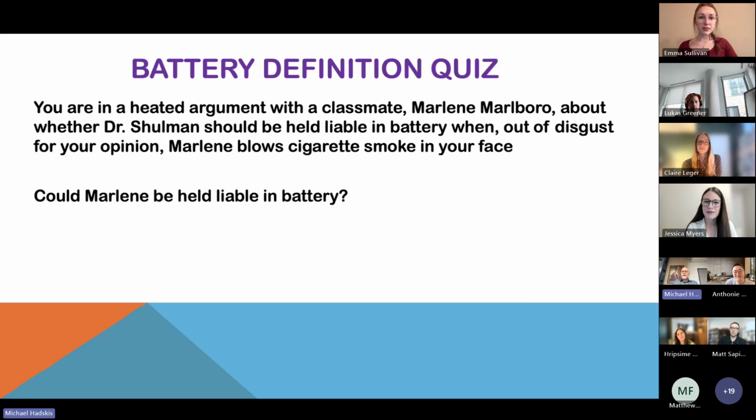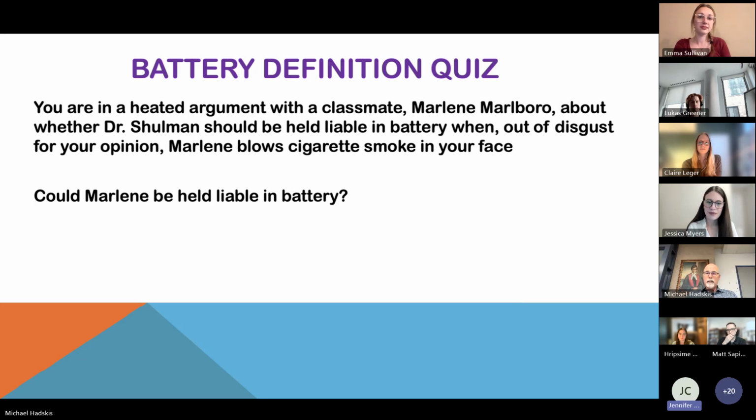Does anyone think it would not be a battery? Jennifer. I'm not sure what really constitutes battery and physical harm if you walk down the sidewalk and you can get secondhand smoke in your face. Maybe that doesn't have anything to do with it, but I don't know.